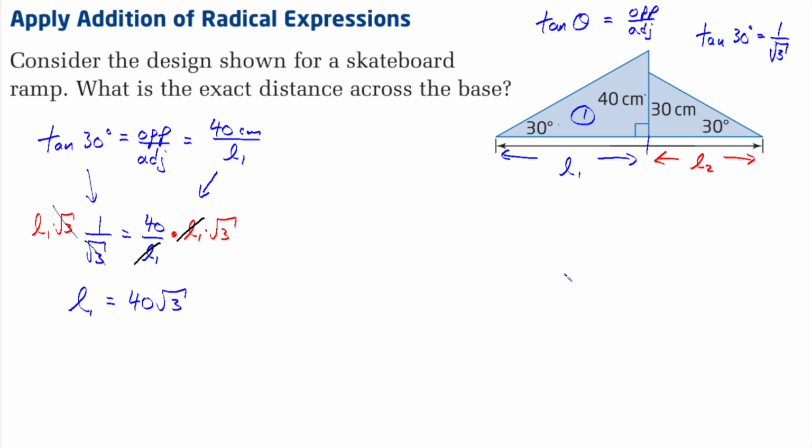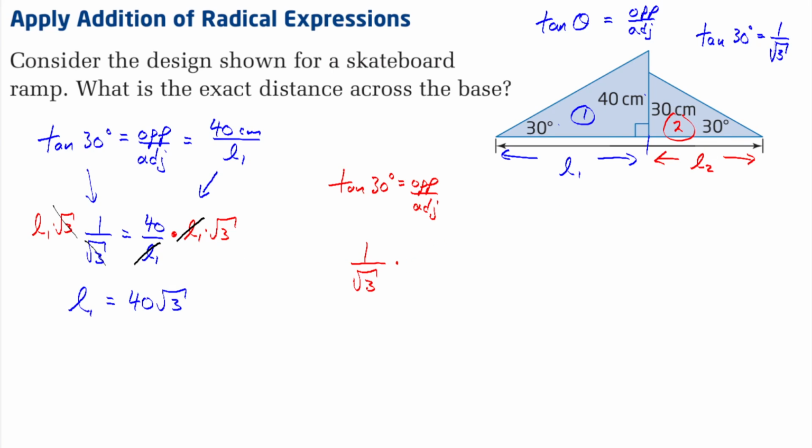Now let's do a very similar idea over for triangle 2. Once again, tan 30 is opposite over adjacent. So tan 30 is 1 over root 3, and opposite over adjacent, in this case, is 30 over L2.